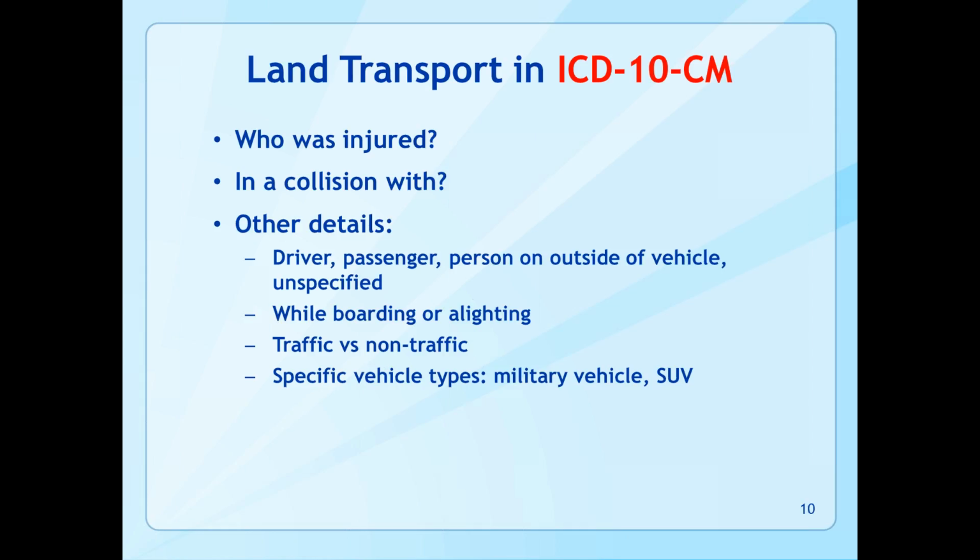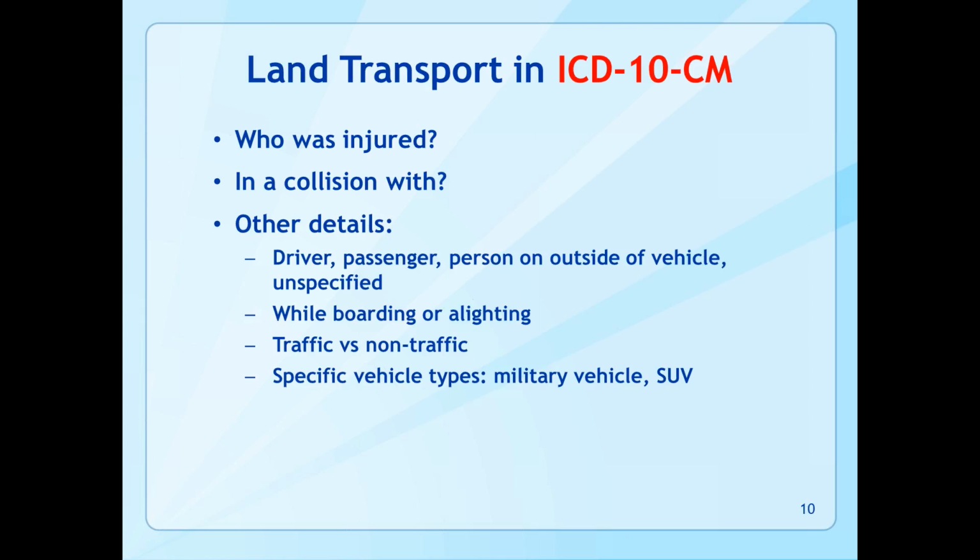So in ICD-10-CM, many of the concepts for assigning the codes for crashes involving land transportation have been simplified. Now the critical pieces of information are who was the injured person and what did they collide into, and then all the other details about the crash, such as whether the injured person was the driver or a passenger, or whether the event was traffic versus non-traffic.